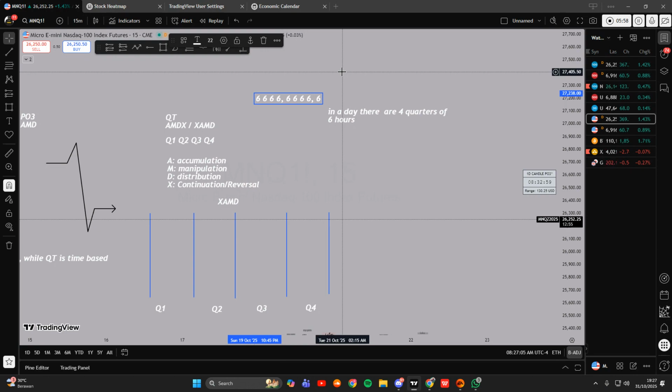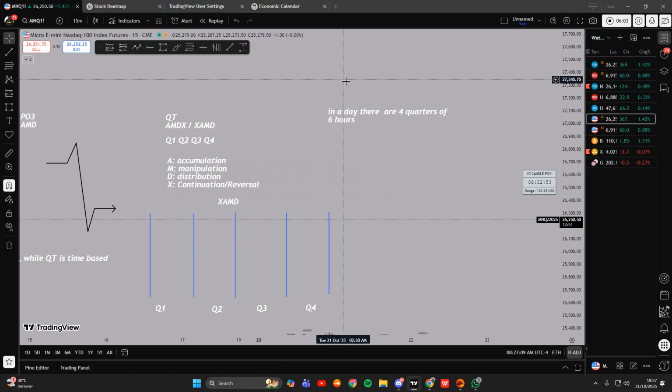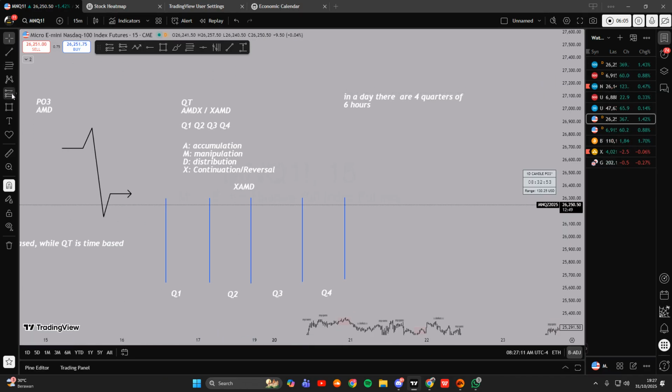Then the next day, 6 hours, 6 hours, 6 hours, 6 hours. You get what I mean? So price moves in 4 quarters. And just as in a day there are 4 quarters of 6 hours, there are also 4 sessions: OCE, Asia, London, and New York.